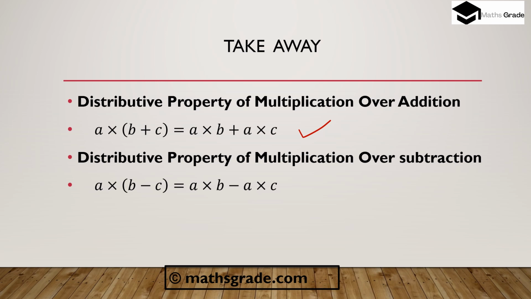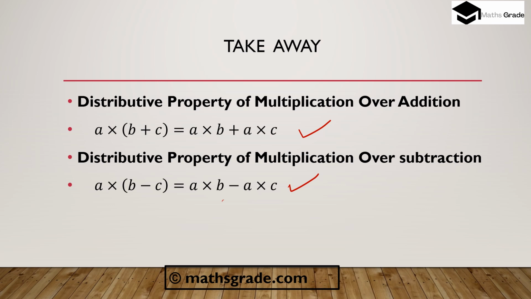That is equal to, first we multiply the first number and second number, and we multiply the first number with the third number, then we subtract the result of the first and third number from the multiplication of second and first number. That is A multiplied with B minus C is equal to A multiplied with B minus A multiplied with C.